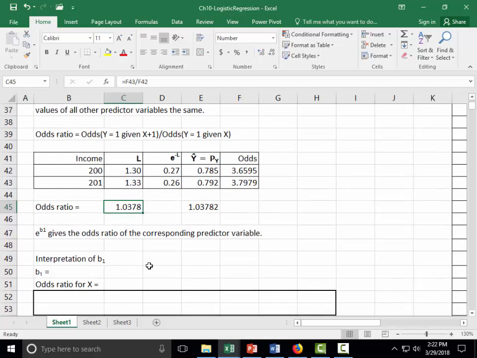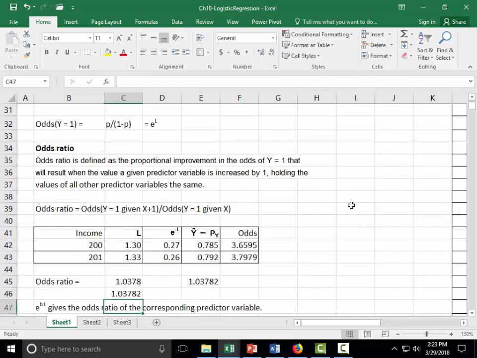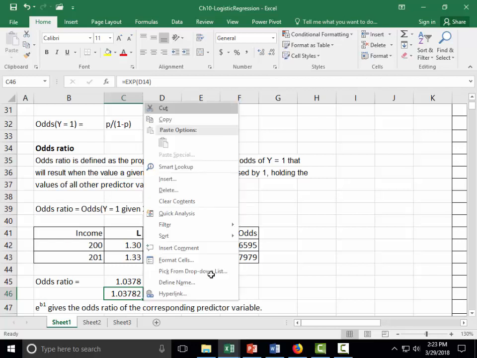And here is where we see that when you do EXP of the slope coefficient, e to the power of b, you get the odds ratio. So we can now connect an interpretation to the slope coefficient we have estimated, b sub 1. b sub 1 gives us the odds ratio.